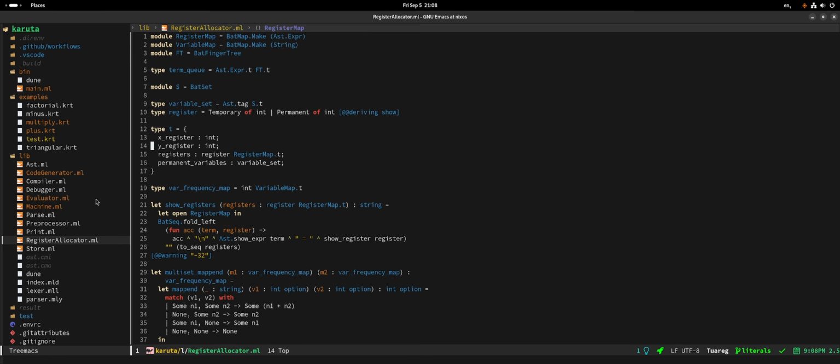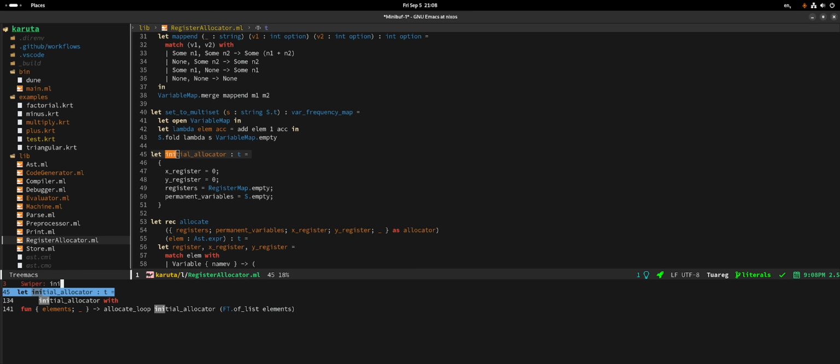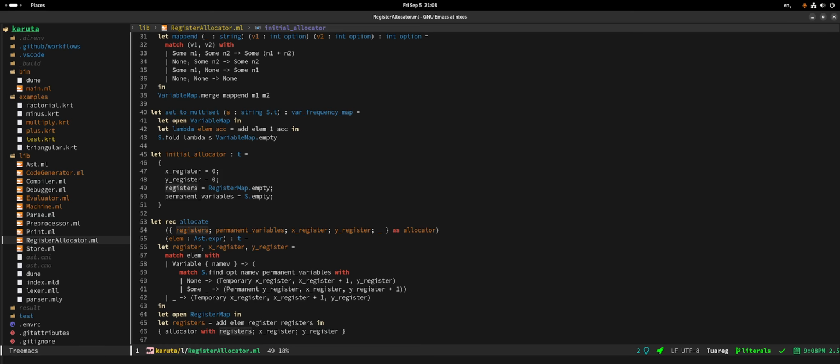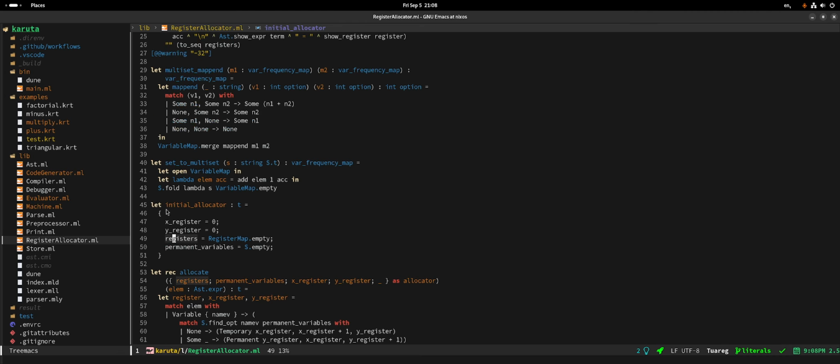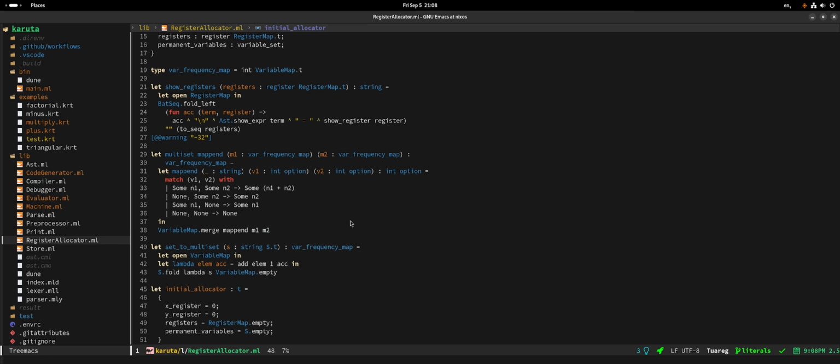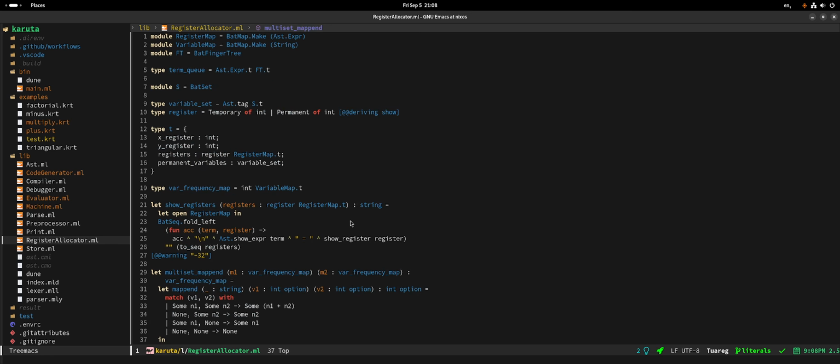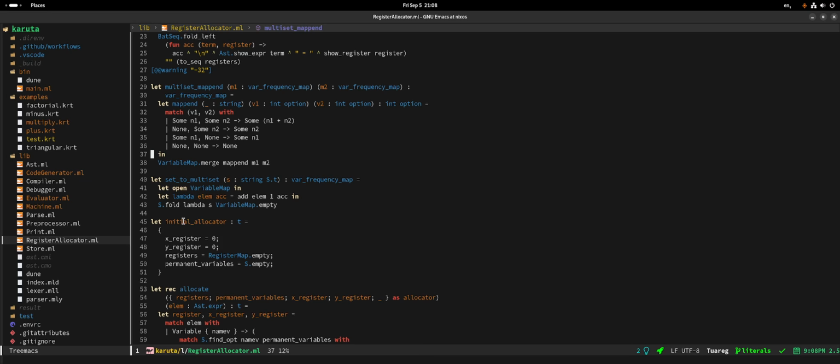I'm confused. Should we do that? We already have a way to set the offset for which register we're going to start allocating on. We're just not doing it correctly, I guess, for the query. For the query, you say? For the query, yes. I don't think we do. The init allocator doesn't receive any arguments.